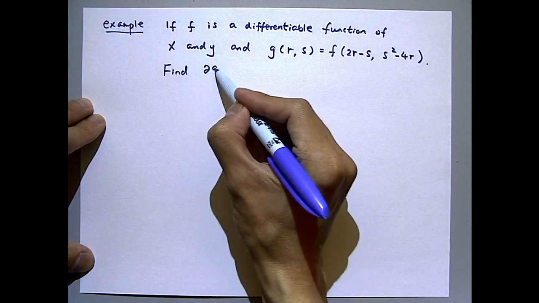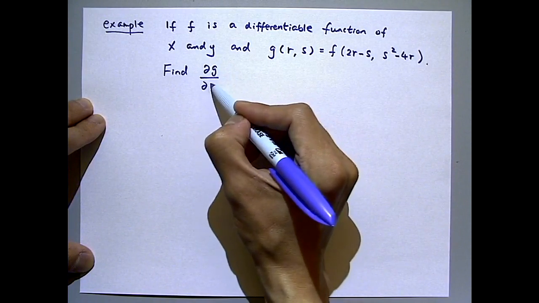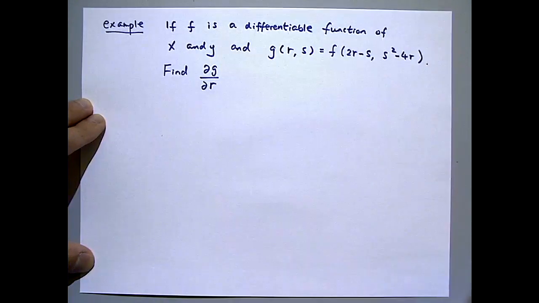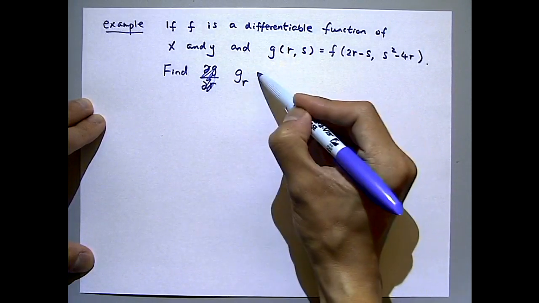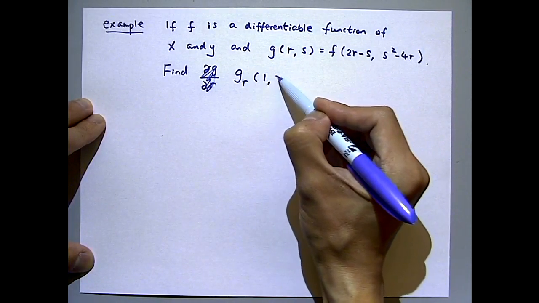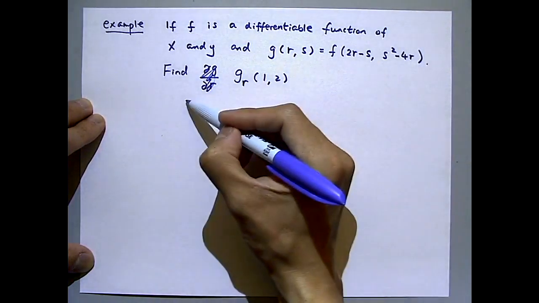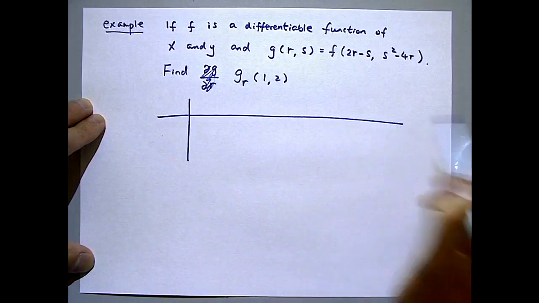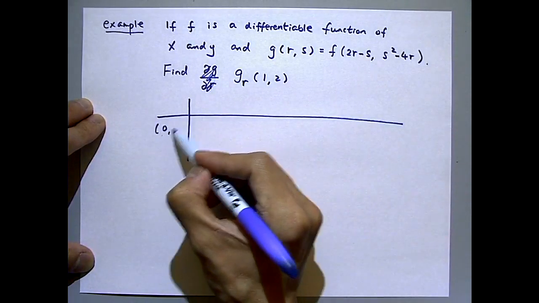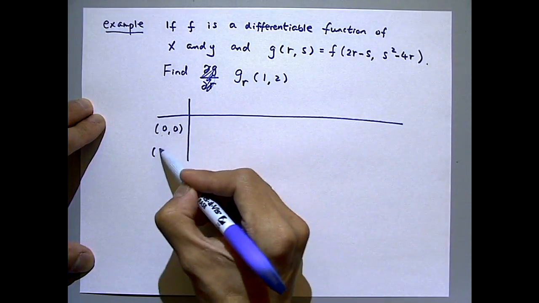Let's find the partial derivative of g with respect to r. Let's write it this way. G sub r at 1, 2. And here's the partial table we have.